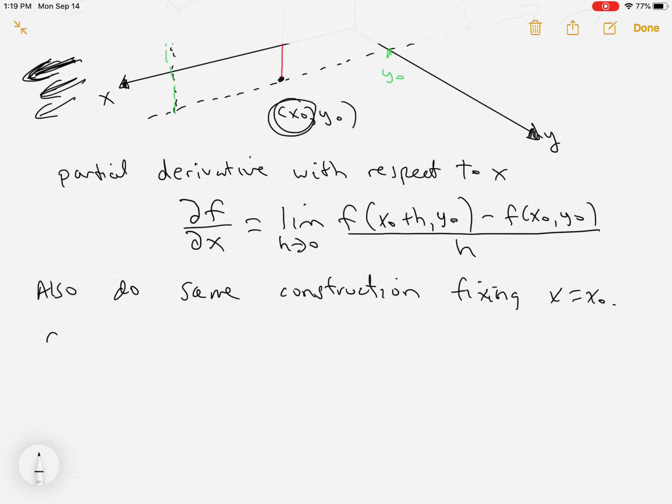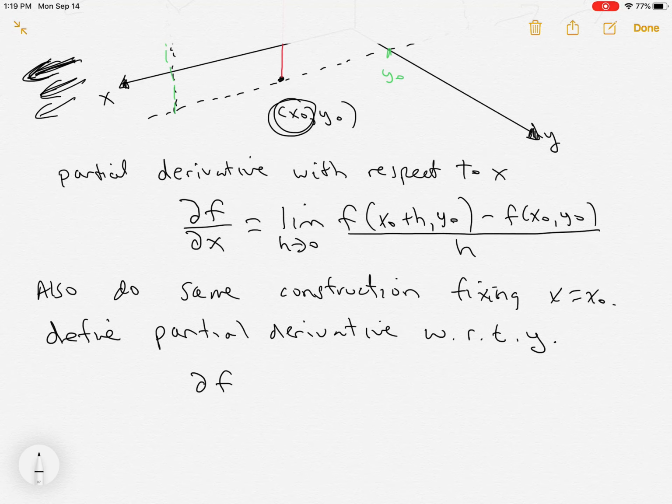We can define the partial derivative with respect to y, and we write that as the curly d f d y.